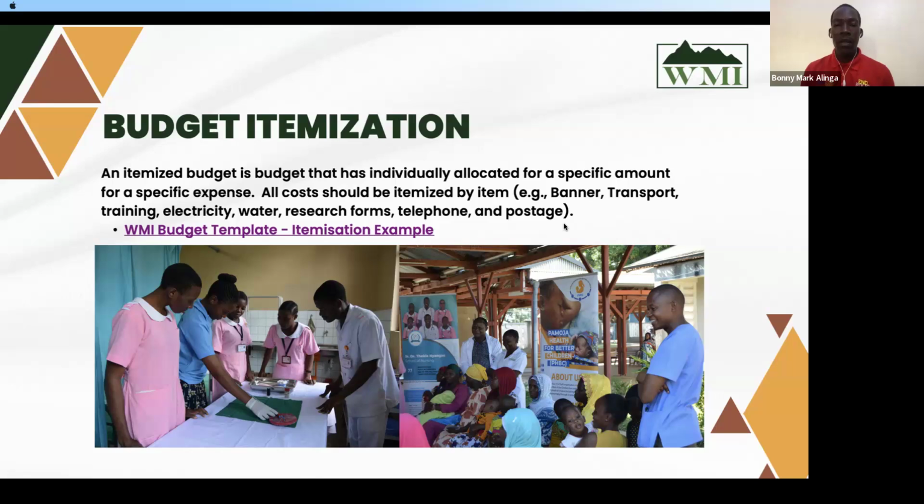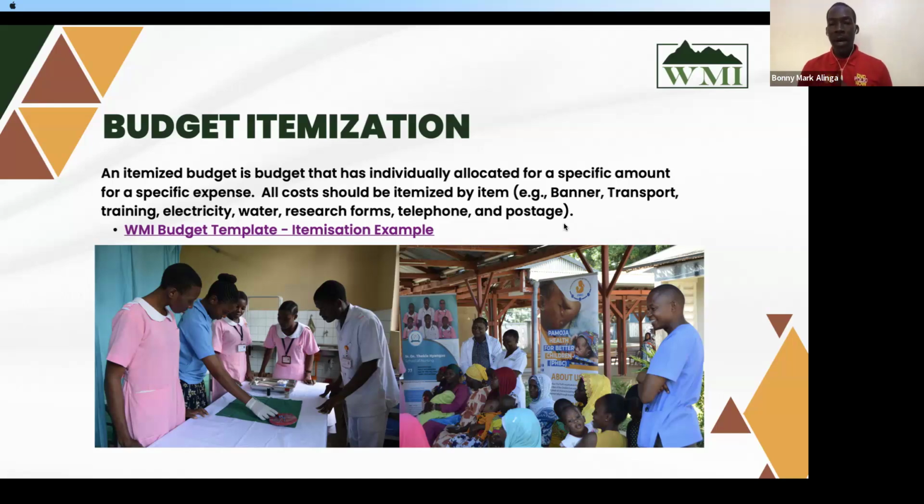Then I look at the other supplies, the section of pens. Somebody would have put stationery, and under stationery, in his mind or our mind, he's thinking that he's going to buy pens, papers, markers. But here we're talking about budgeting itemization, and you need to do it specifically for every specific item.